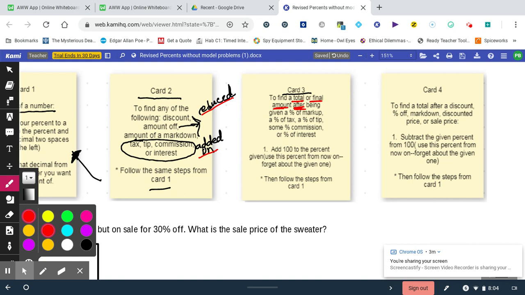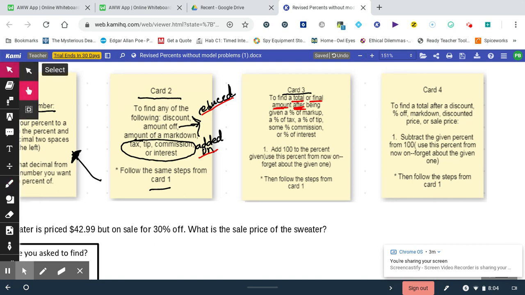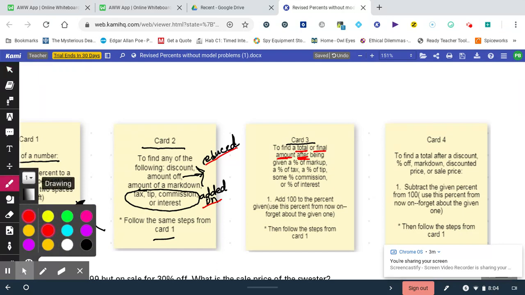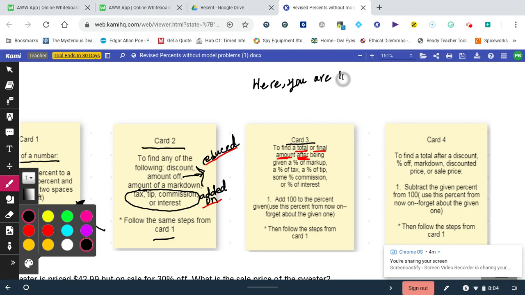Okay, so I'm going to write that. Let me see if I can toggle down. So here, you are looking for the amount after some add-on.